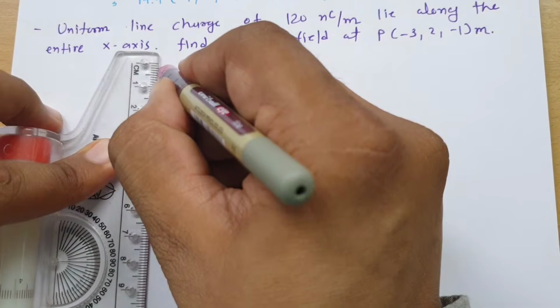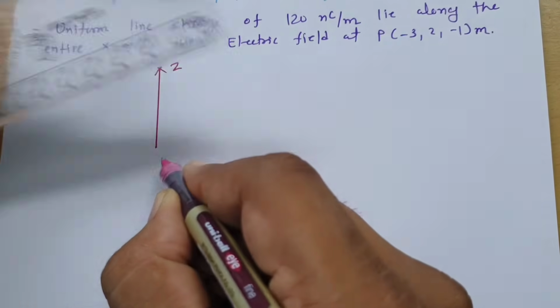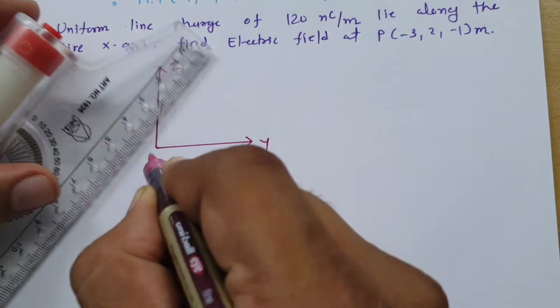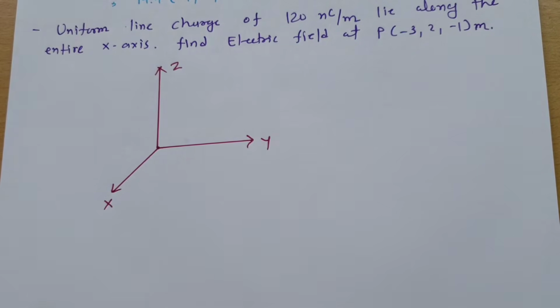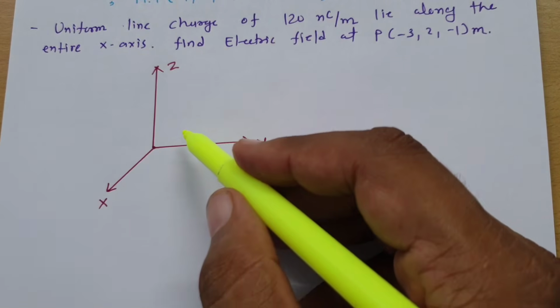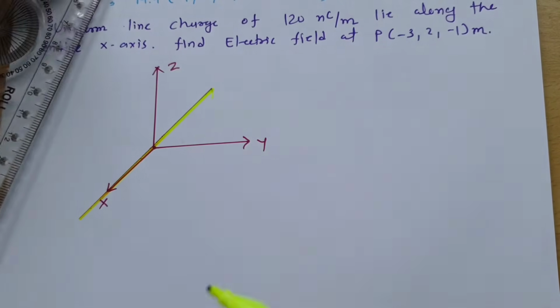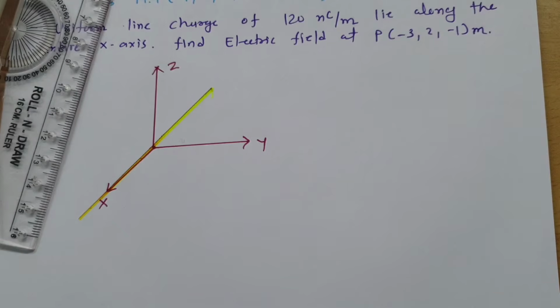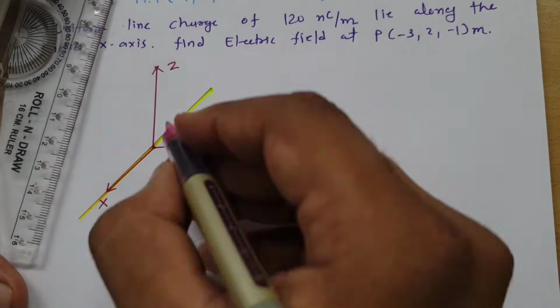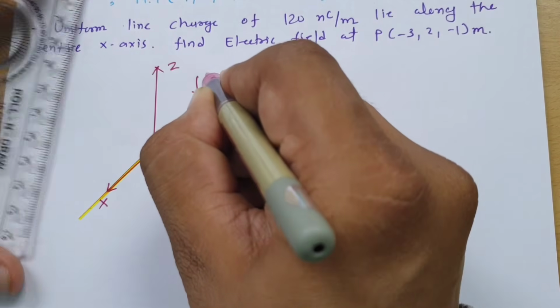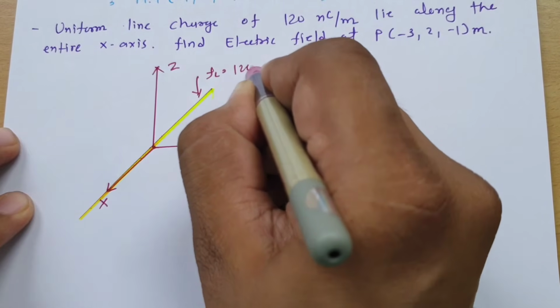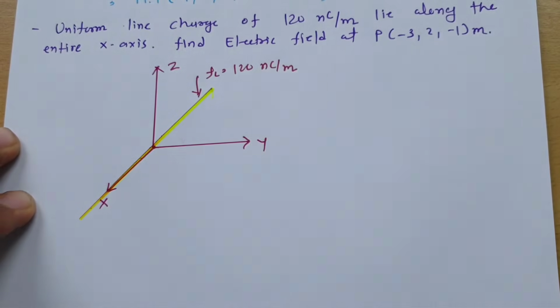See, this is the z-axis, this is the y-axis, and this is the x-axis, right? And here the uniform line charge is along the x-axis. So see, this is the line charge, uniform line charge along the x-axis, and that line charge, rho L, equals 120 nanocoulomb per meter.